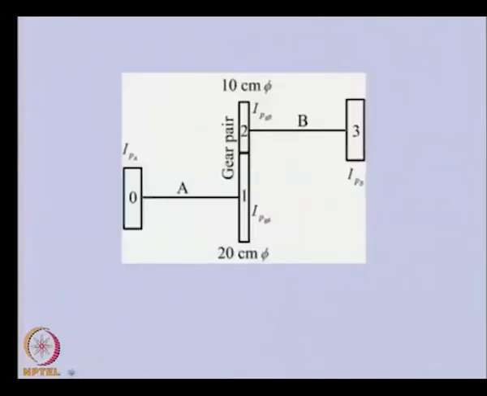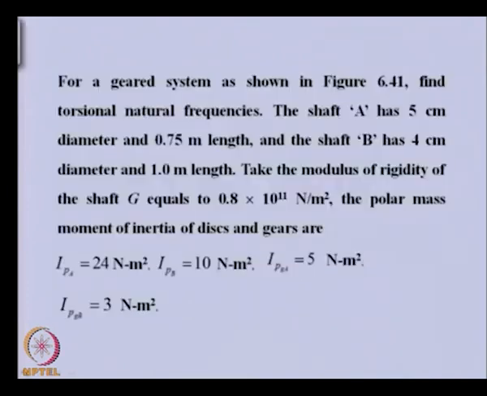In this particular case you can see this is the geared system, in which this is one of the flywheels, and it is connected by this gear to this gear, and this is another flywheel, and various properties of these gears are given, and in this particular case these are the flywheel properties.